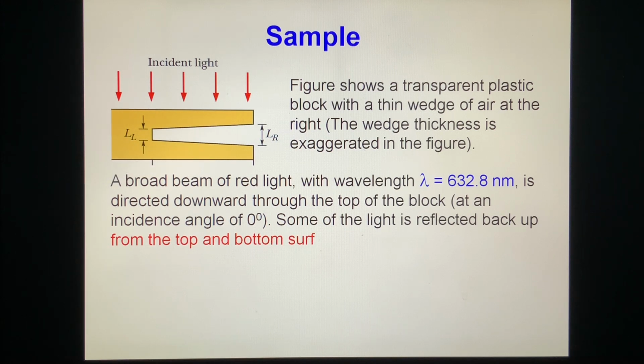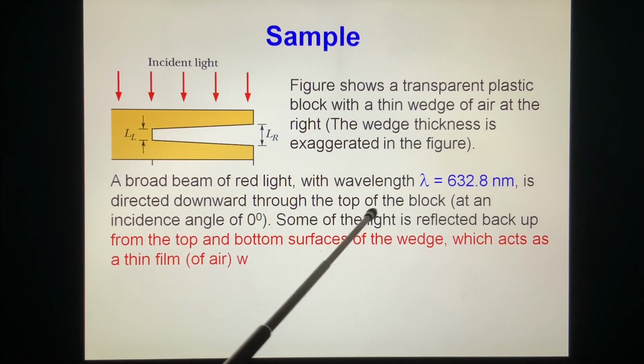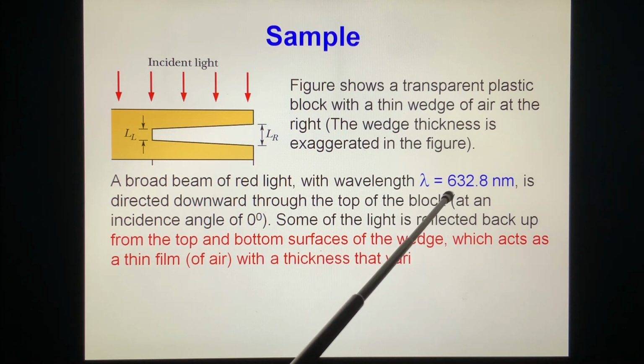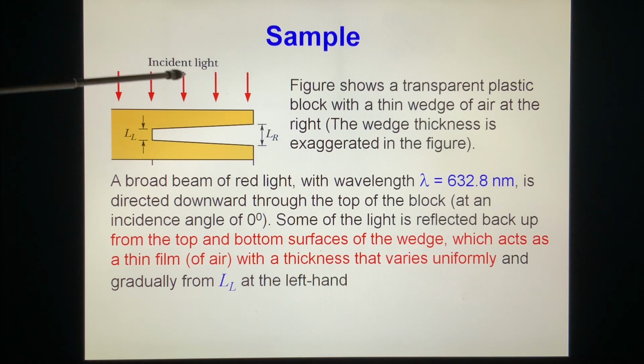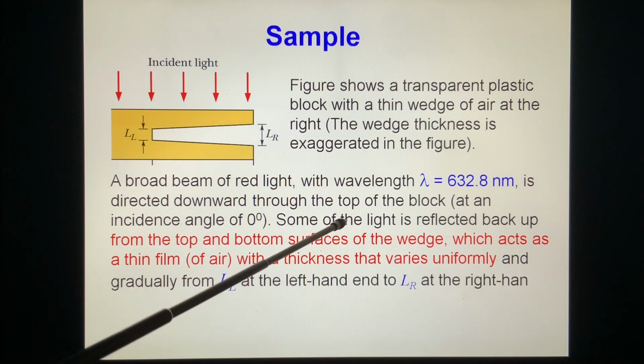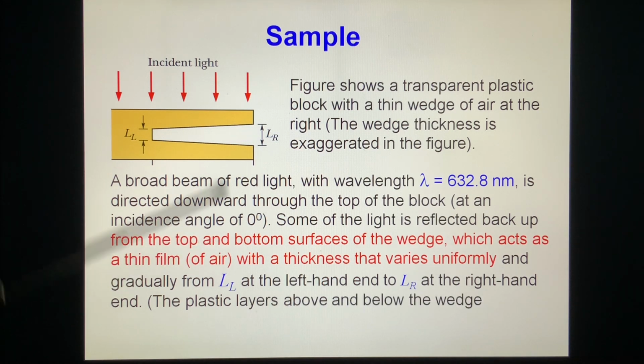They're different. A broad beam of red light with wavelength lambda 632.8 nanometers is directed downward onto the top of the block at an incident angle of 0.